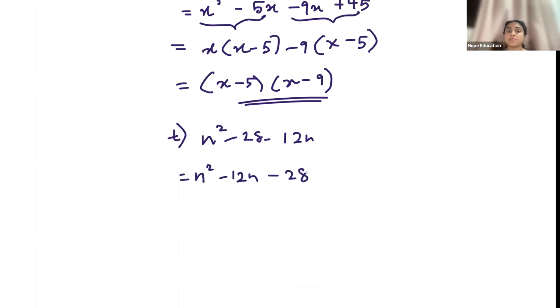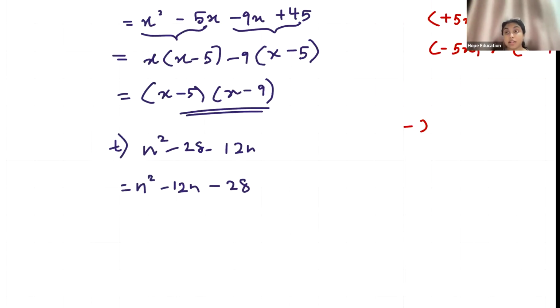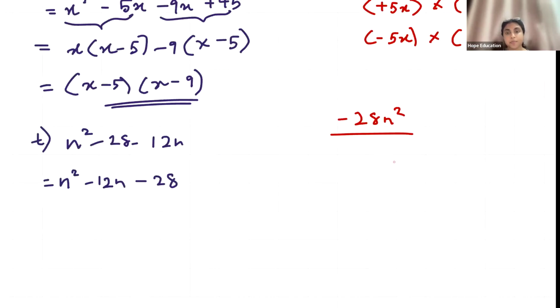First term and the last term, let's multiply. N squared multiplied by minus 28, we get minus 28n squared. We are going to see different ways how we can produce that. For an example, we can take 2 times 14.